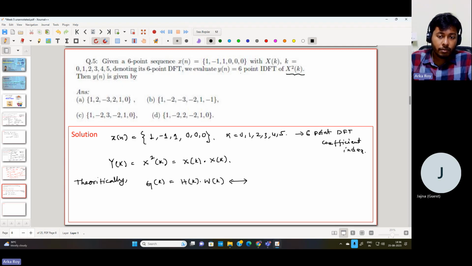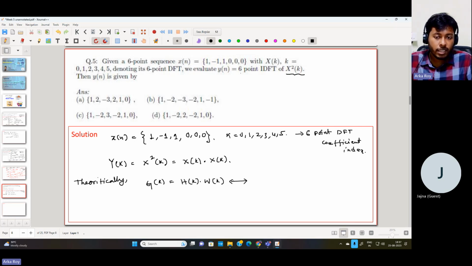However, in case of the Z transform also, in the Z transform domain, if there is multiplication between two signals, then when we go to the time domain or inverse Z transform domain, we'll get convolution between two signals.